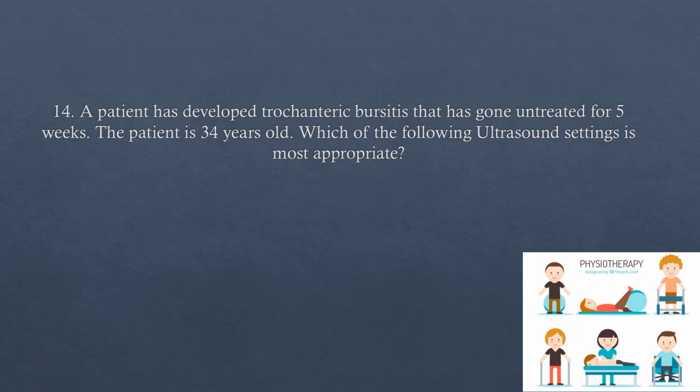Question number 14. A patient has developed trochanteric bursitis that has gone untreated for 5 weeks. The patient is 34 years old. Which of the following ultrasound settings is most appropriate? A. Pulsed US at 3 MHz. B. Pulsed US at 1 MHz.